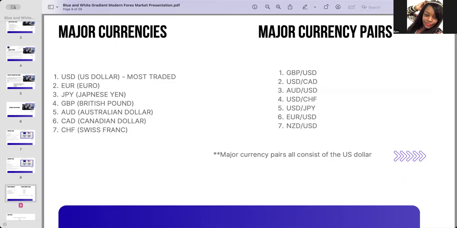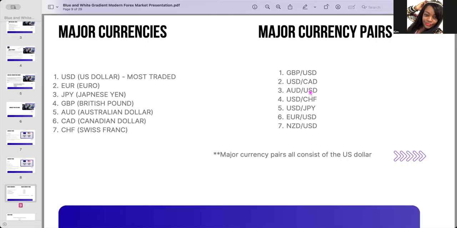So the major currencies, meaning one currency against the next, all have the US dollar associated with it. So GBP/USD, USD/CAD, anything that has the dollar attached to it, either as a base or a quote, is considered a major currency because the US dollar is the most traded.